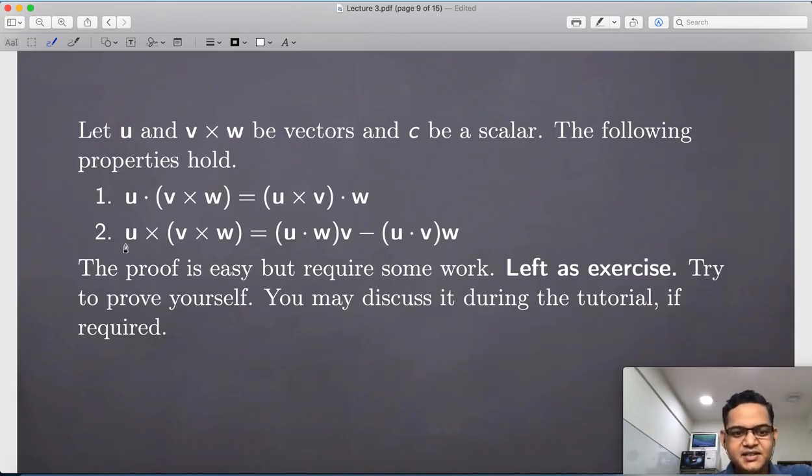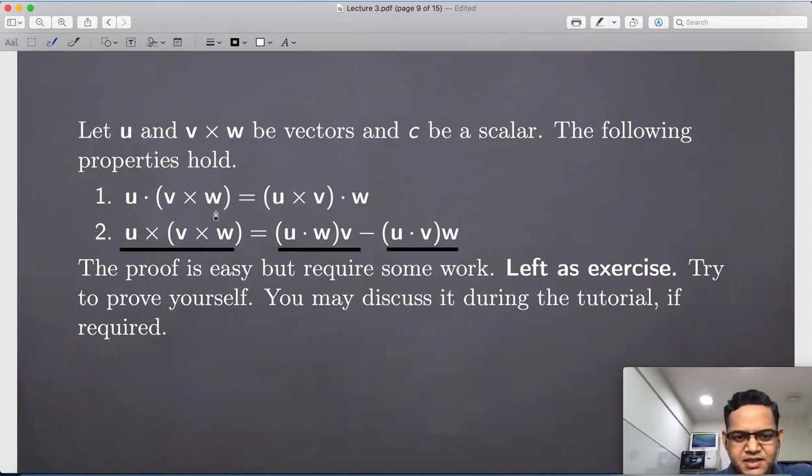Remember, the first quantity on both sides is going to give you a scalar. For the second property, I am taking the cross product at both places. So this is a cross product and this is a cross product, so finally I am going to get a vector. On this side it is a scalar and then a vector, so I am going to get a vector on this side also.